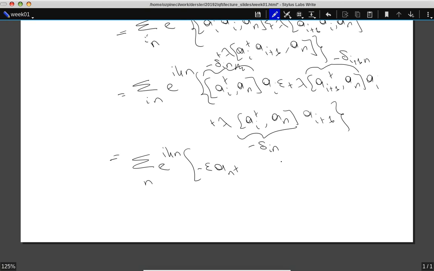Plus here I have minus lambda. This tells me that only the i equal to n minus 1 term survives, so minus lambda a_{n-1}. And in the last term, again only the i equal to n term survives, so minus lambda a_{n+1}.